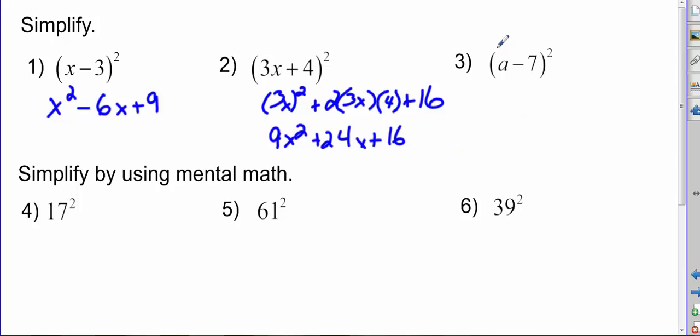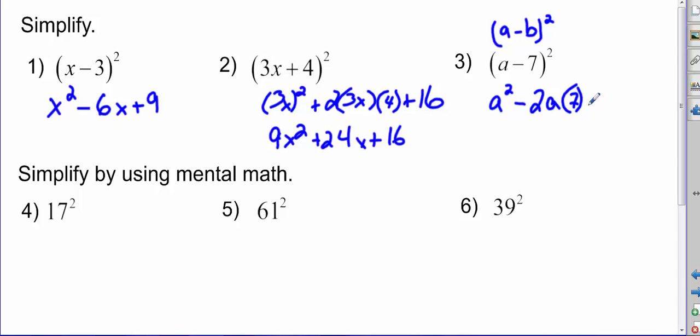Okay, so number 3 is in the form of (a - b) squared, right? So in this one, we're going to end up with an a squared. We're going to have a minus 2ab, so we're going to have 2 times a times 7.